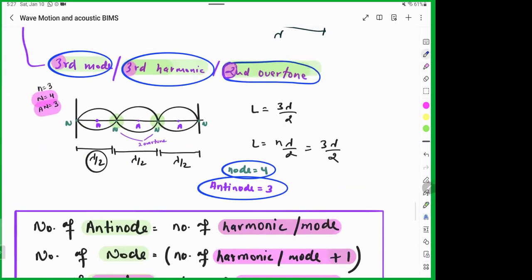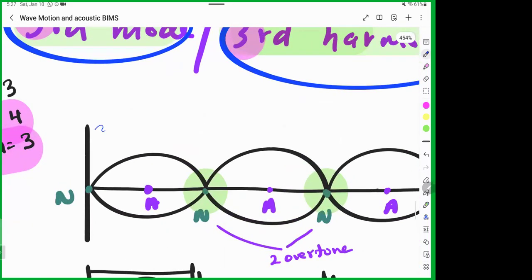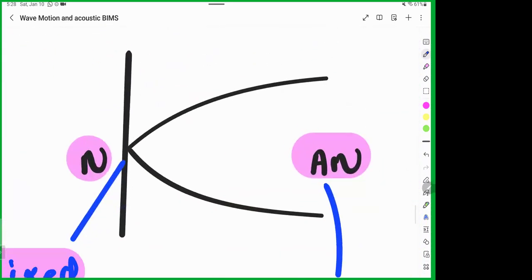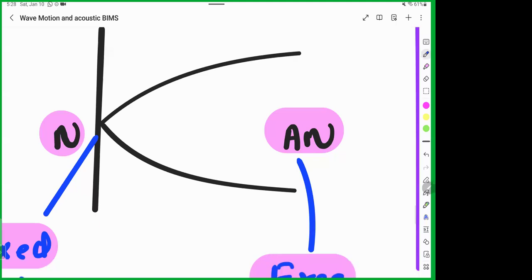Like here, the length of this region from here to here was lambda by 2. This one bowl was like lambda by 2. Barinder, what will be the length between this and this? This is half of the bowl.